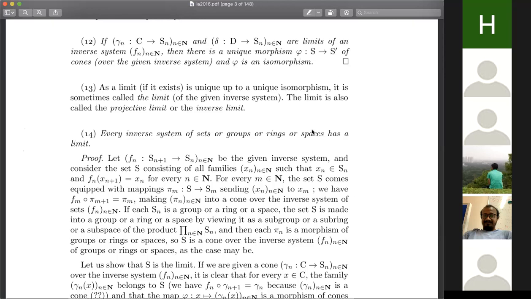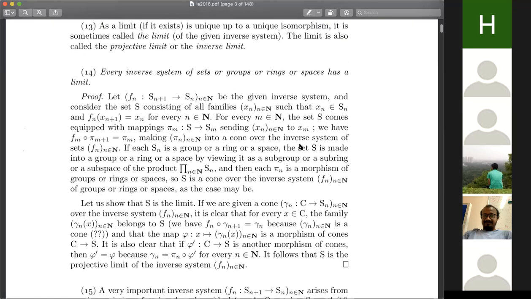Similarly, when I start at x2 and go to x1 and go back to x2, I get the identity morphism of x2, which is to say that the unique map from x1 to x2 is an isomorphism. Okay, so any two initial objects are canonically isomorphic, and the same reasoning applies to any two final objects. They are canonically isomorphic.